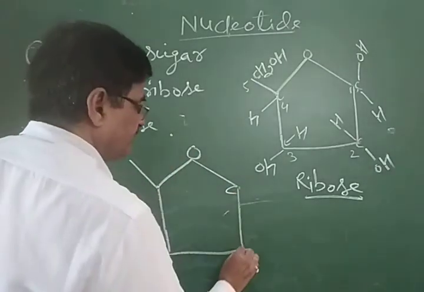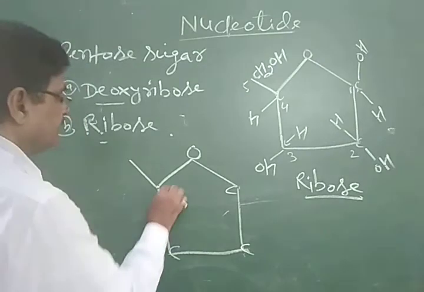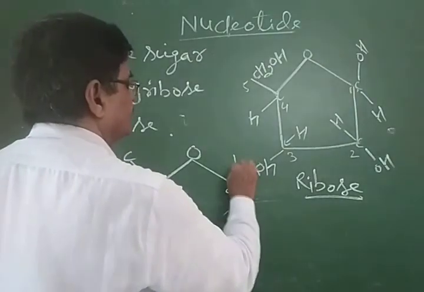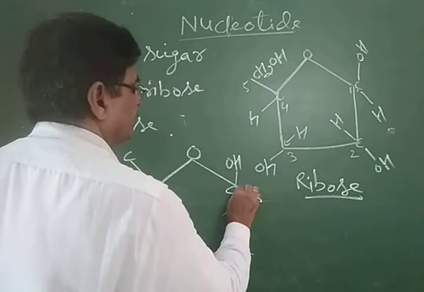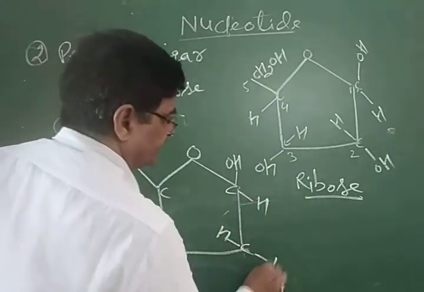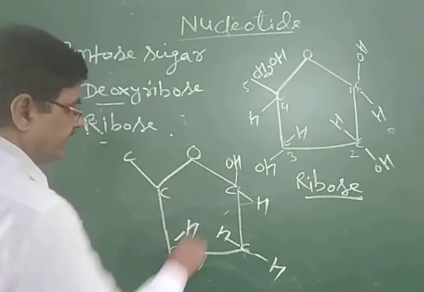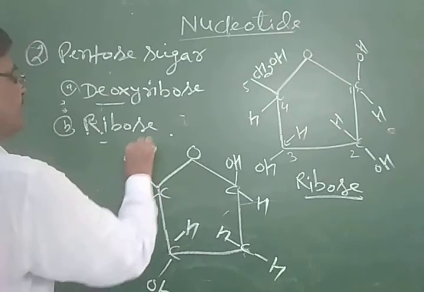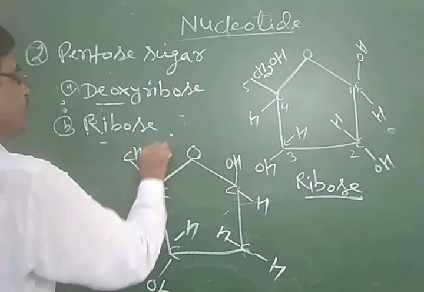There is the carbon, first, second, third, fourth, and the 5th carbon. Now there is also C, H, H, H, H, OH, H. Now here I am writing the CH2OH.